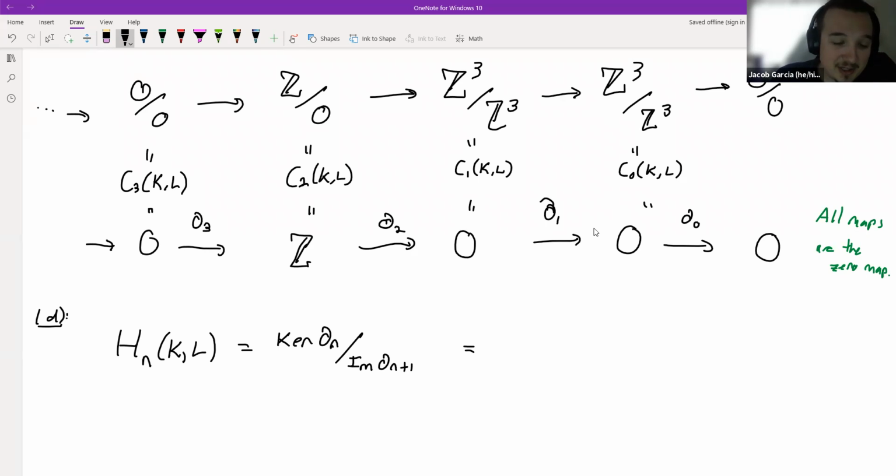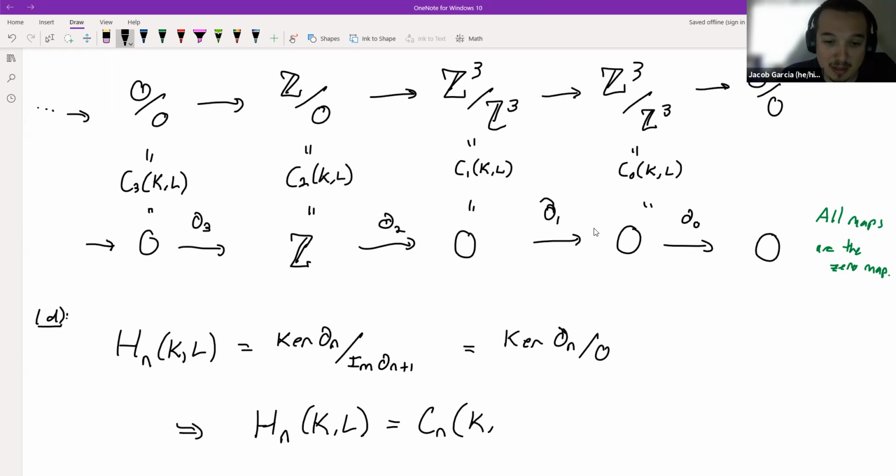What happens here is that the image is 0, so this is just the kernel of Dn mod 0, for everything. And so you just get that the nth relative homology of (K, L) is exactly the nth relative chain group of (K, L), for all n.